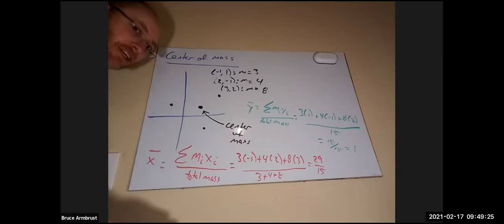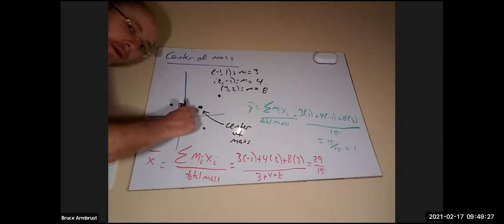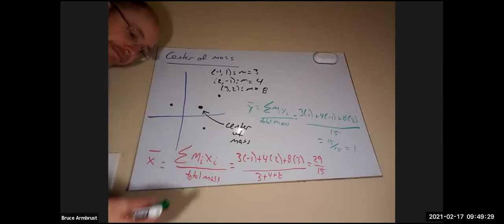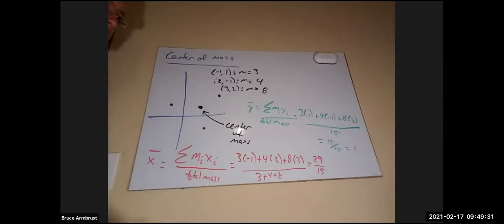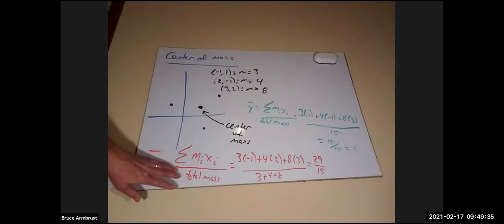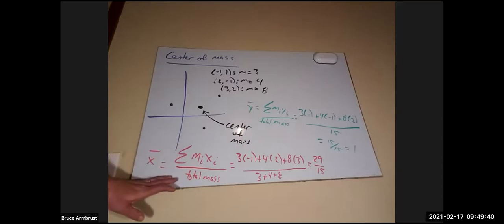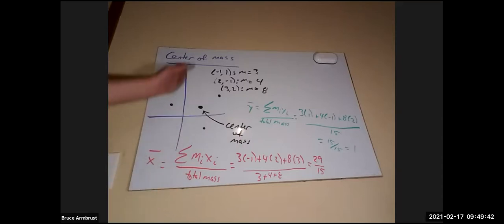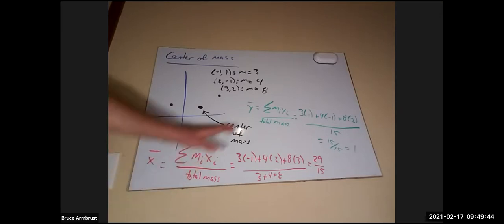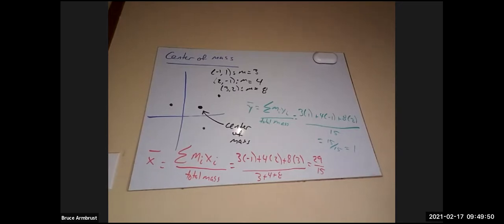To a physicist, that's huge, because then we only have one point we have to worry about instead of 3. So extending to 2 dimensions doesn't really change much, because we just do the same thing twice. For the x's, we're looking at how far away are we from the y-axis. And for the y's, we're looking at how far are we from the x-axis. All right, so that's cool, nice and easy.